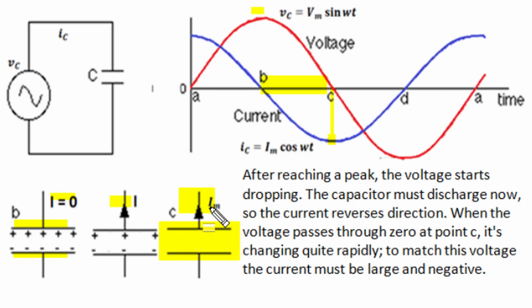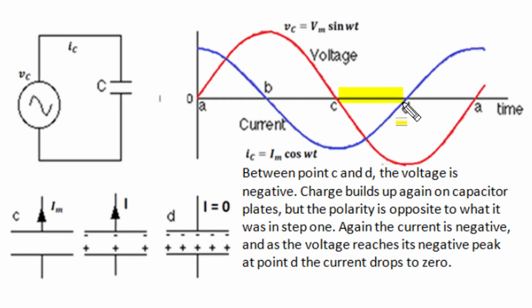In this C to D quarter cycle, in the beginning the capacitor is fully discharged and the circuit has maximum magnitude of discharge current, and the same discharge current will reverse polarity of charge on the capacitor plate, and the capacitor gets charged with opposite polarity and voltage will increase with reverse polarity on the capacitor.